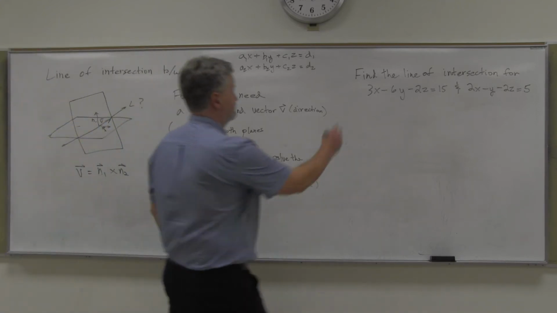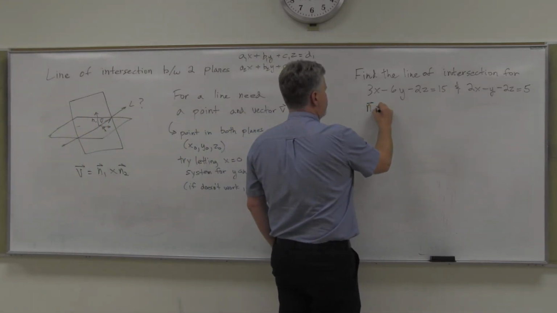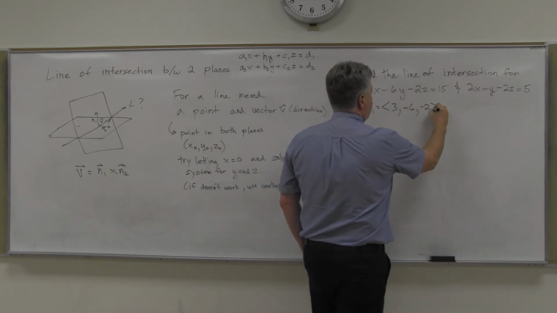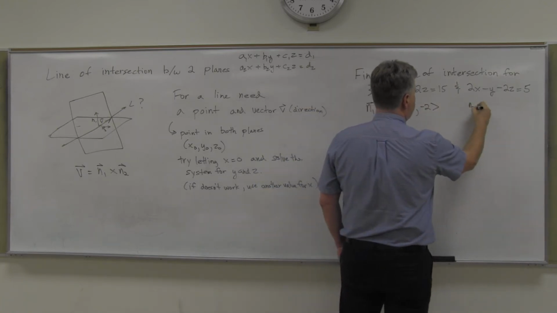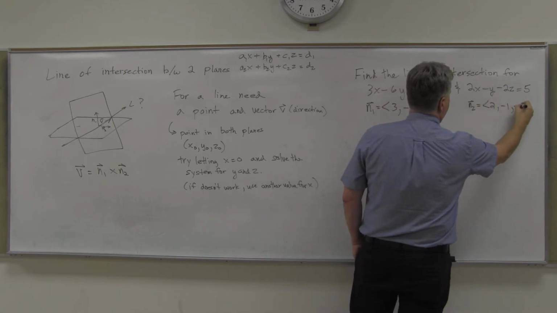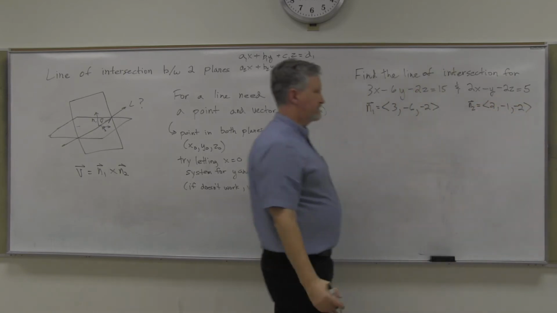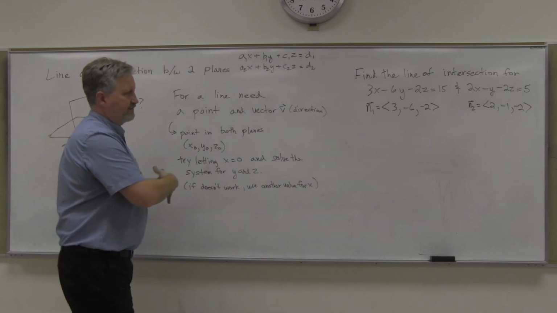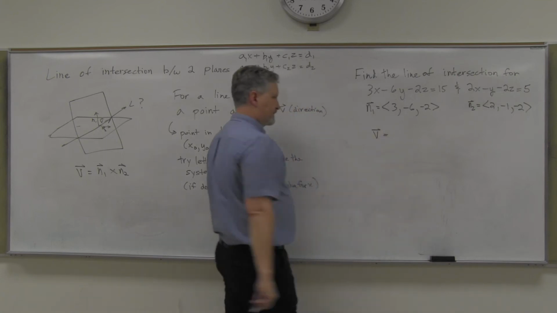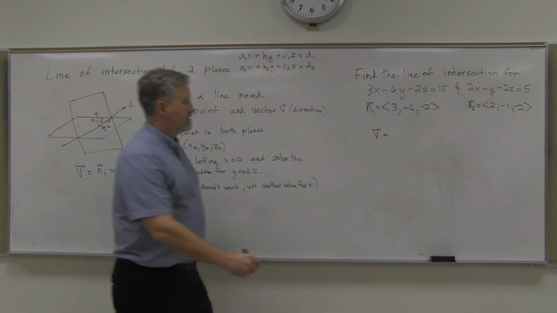Well, N1, let's call it here, is 3, negative 6, negative 2. And N2 is 2, negative 1, negative 2. Those are just the normal vectors. And so vector V of our line, the direction of our line, is just the cross product.